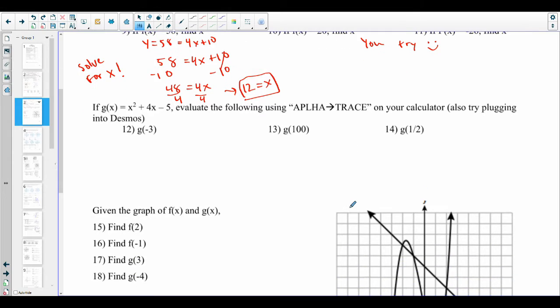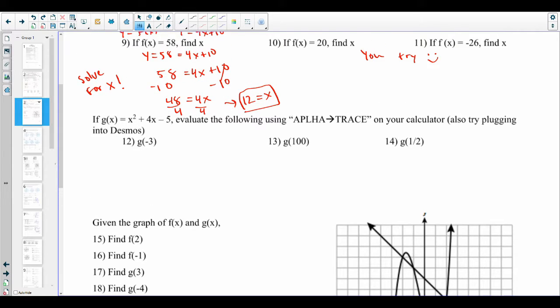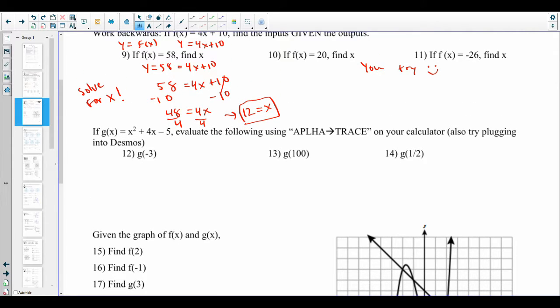Something else you can do is you can use your calculator to plug stuff in. You can use Desmos as well. I'll tell you what, we'll use Desmos because it's quicker, a little easier that way.